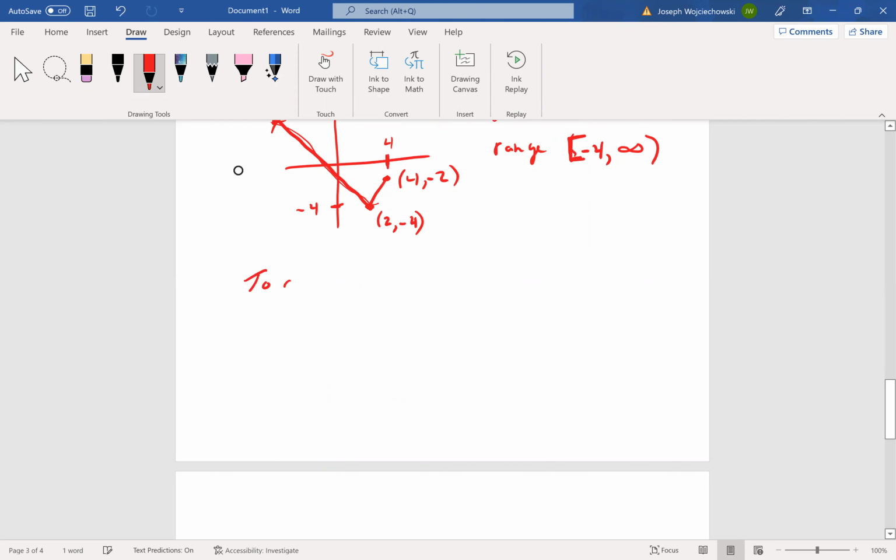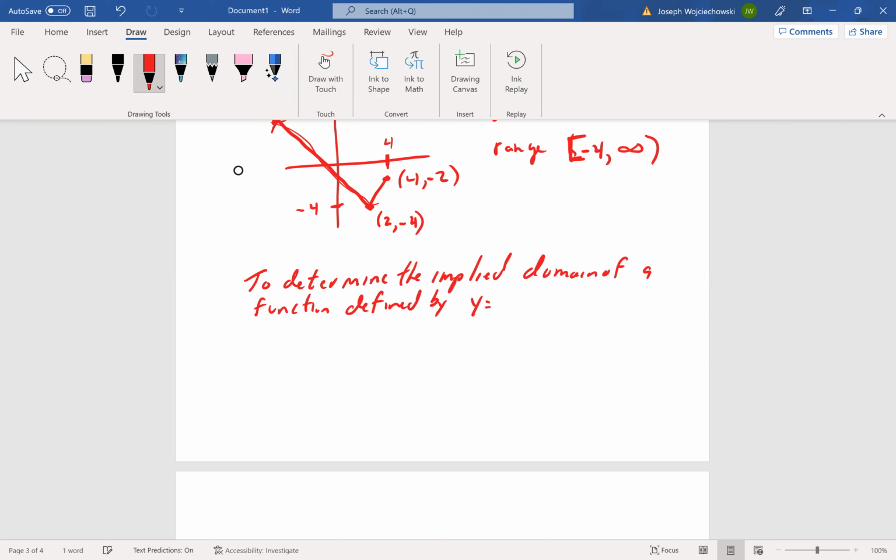But to determine the implied domain of a function defined by y equals f of x.